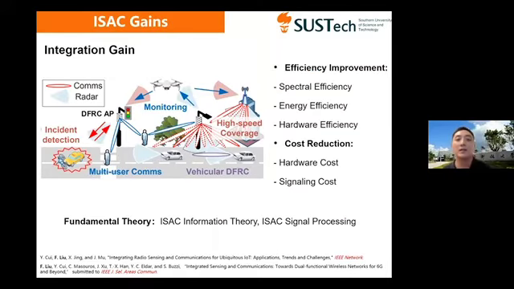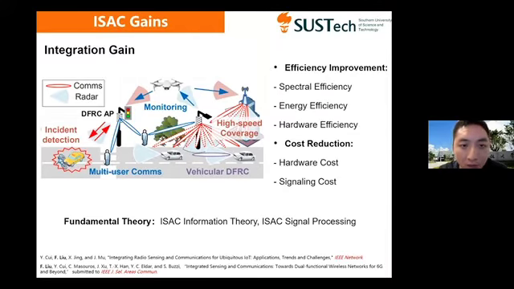We can see that there are actually 2 gains in ISAC technology. One is the so-called integration gain. In previous systems, sensing and communication are individual systems.